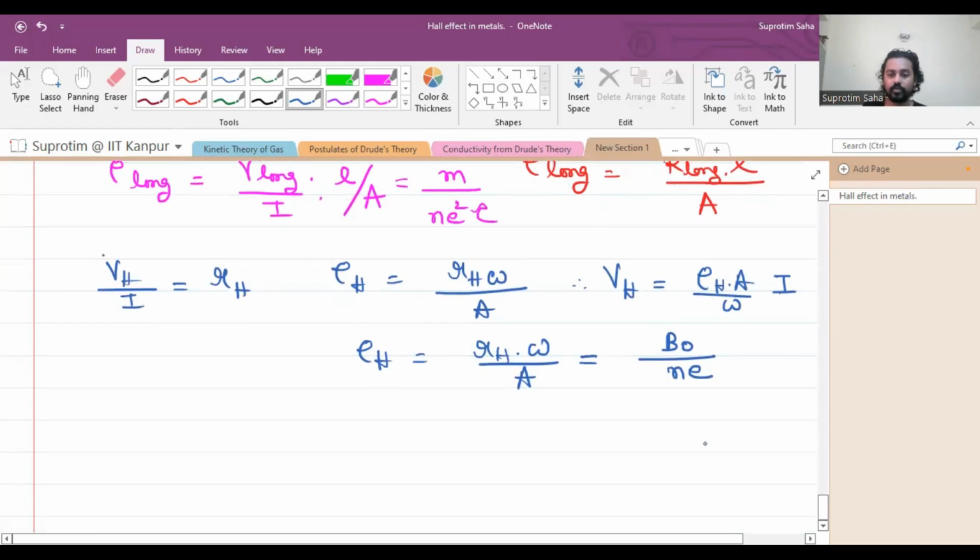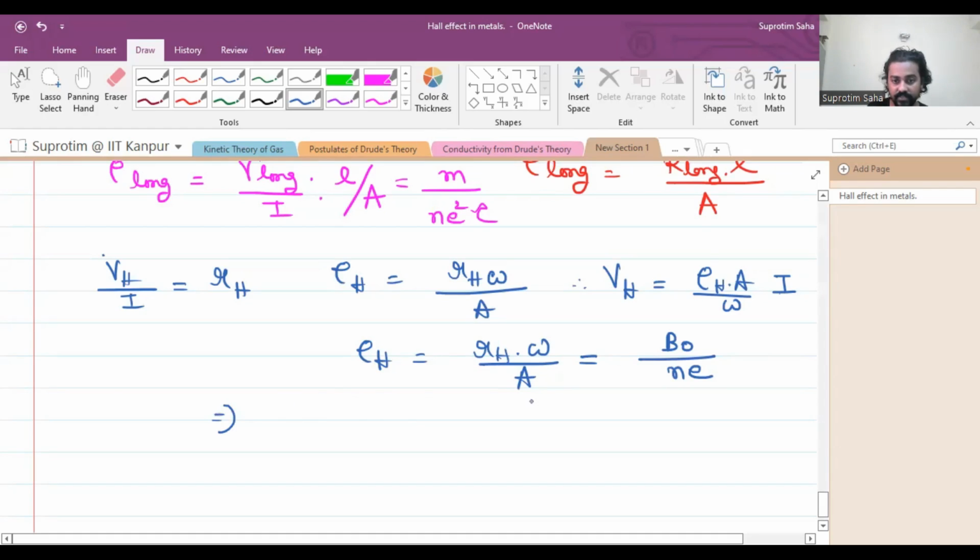So if you know the Hall voltage, then you can derive the magnetic field from it.